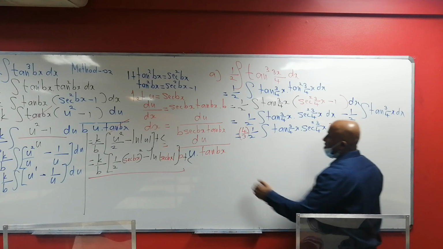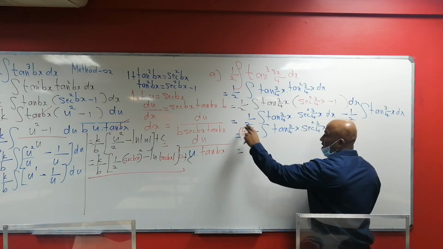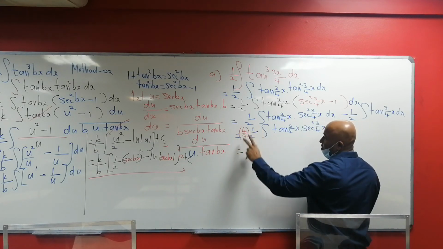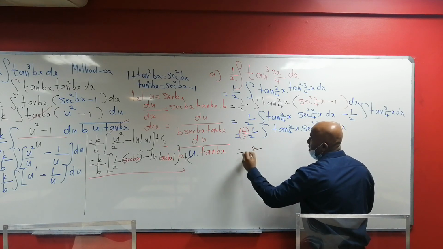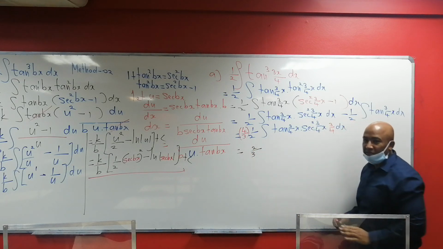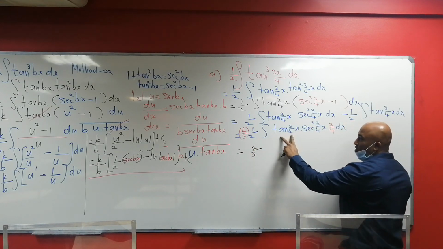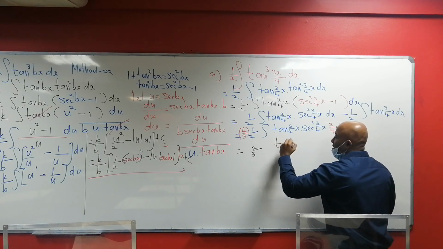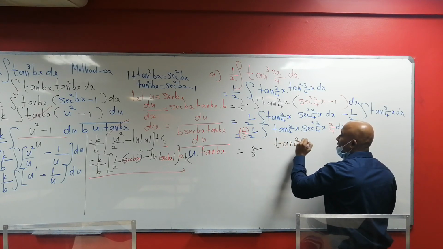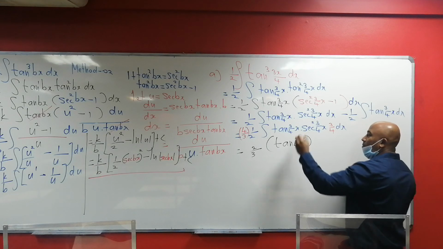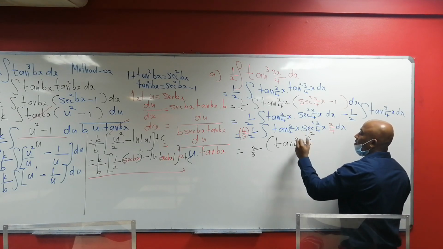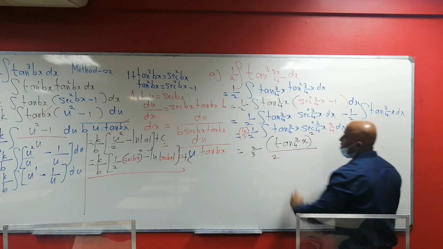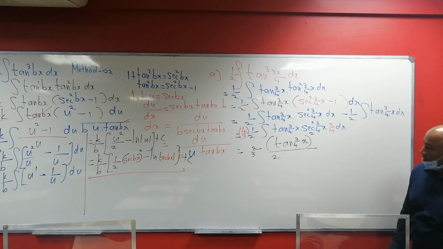So now I can go straight to my solution. That's going to be, okay, 4 times 1, which is 4, divide there. So that's going to be 2 over 3. You can simplify that. The main thing is you got f of x, which is tan 3 over 4x, all raised to the power 2 over 2. That is method number 1.